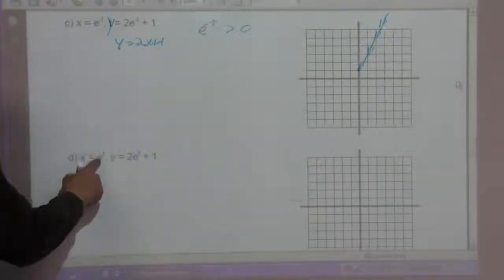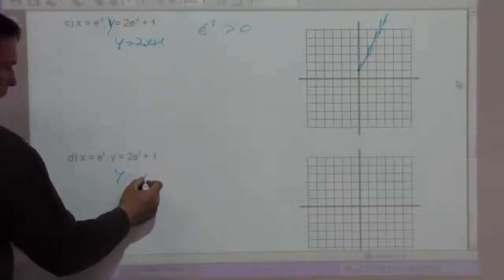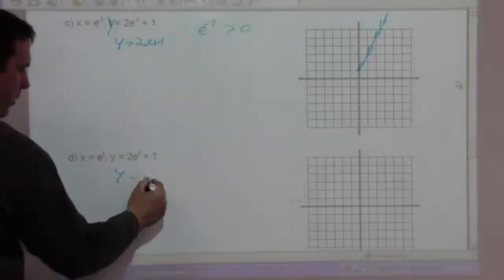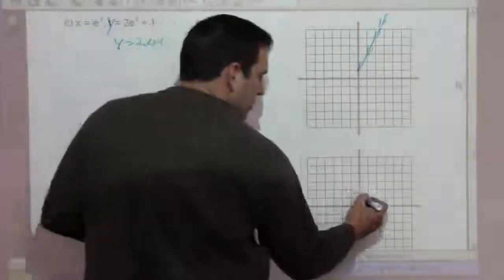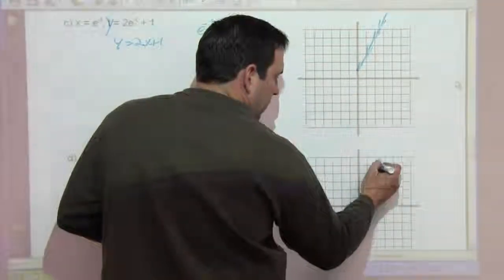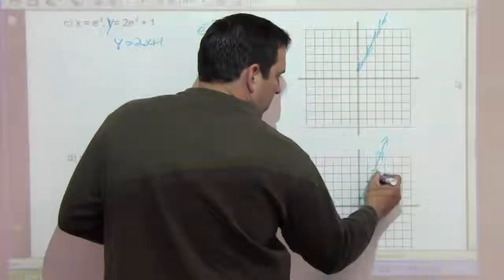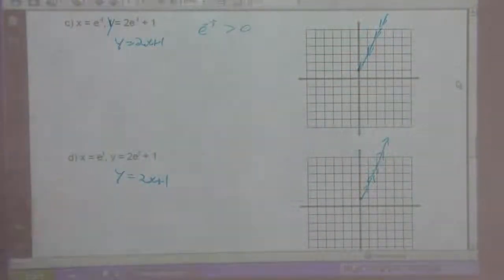In the last case, x equals e to the t, y equals 2e to the t plus 1, so y would be 2x plus 1. This will also only be positives. It goes that direction now because as t gets bigger, e to the t gets bigger. So all these are related graphs, very similar, but they have different characteristics.